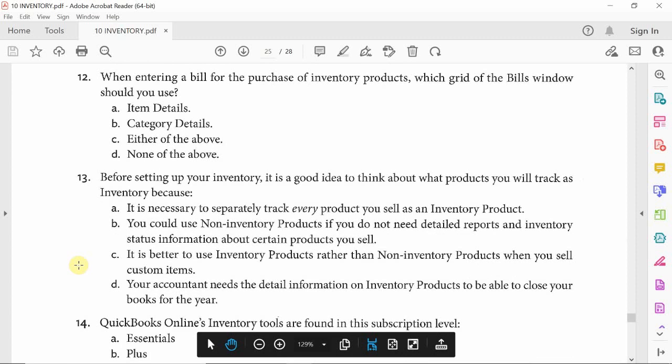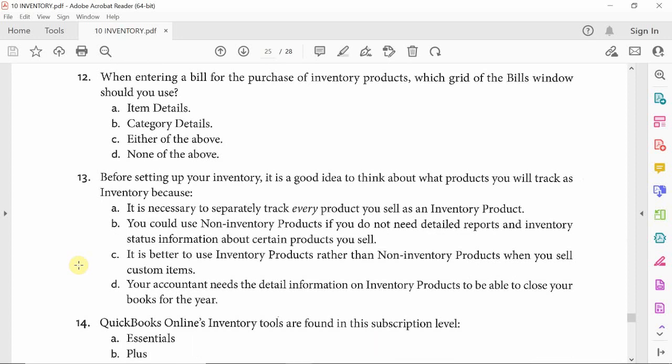Number 13: before setting up your inventory, it is a good idea to think about what products you will track as inventory because you could use a non-inventory product if you do not need detailed reports and so forth.